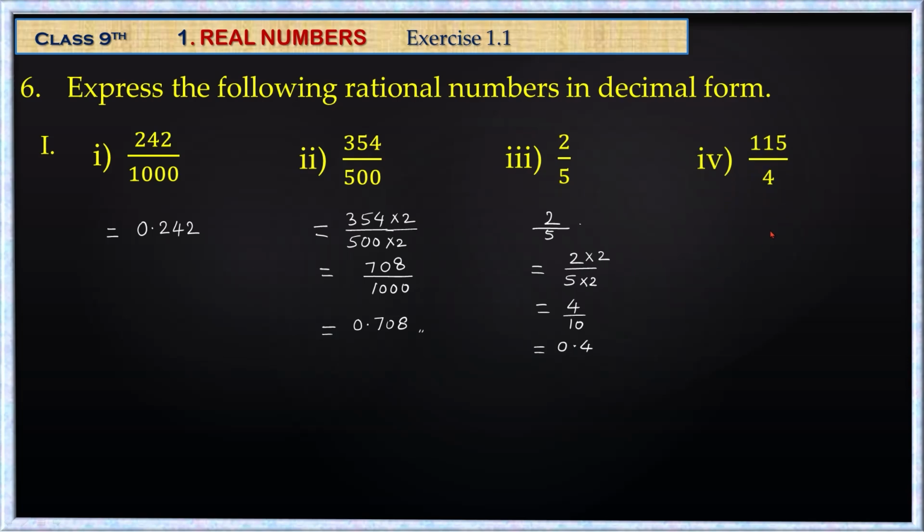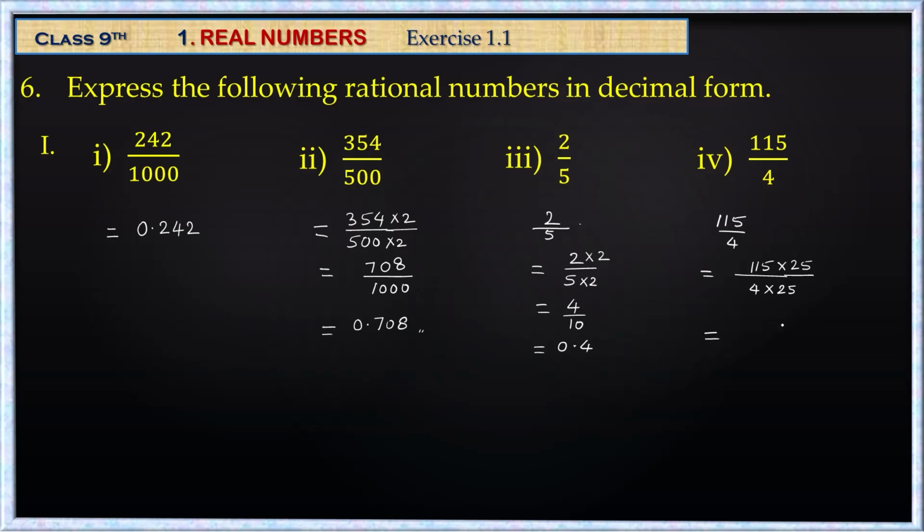Next one, 115 by 4. We cannot make 4 as 10. We can make 4 into 100 by multiplying with 25. 115 by 4, multiply the 4 with 25, you get 100. Also multiply the numerator with 25.